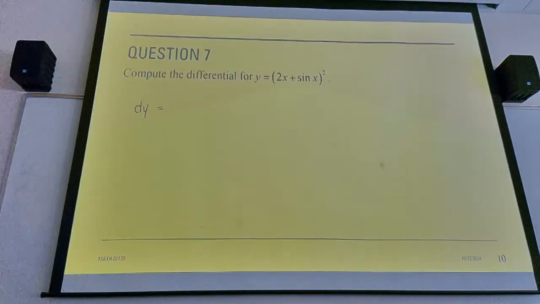What is the derivative of that right-hand side with respect to x?